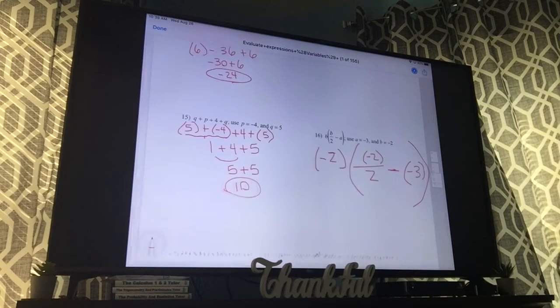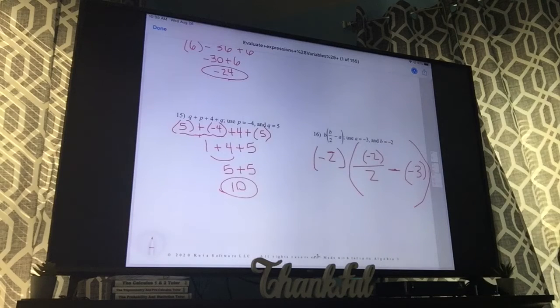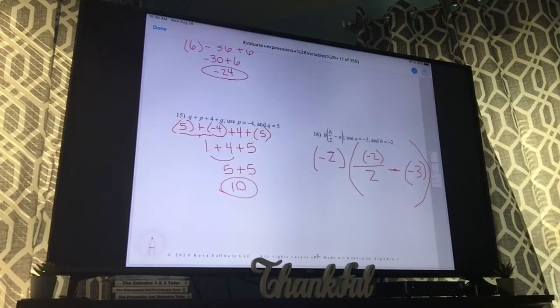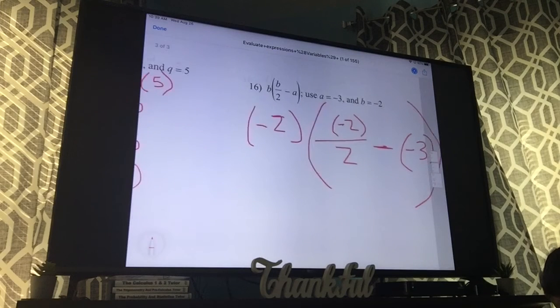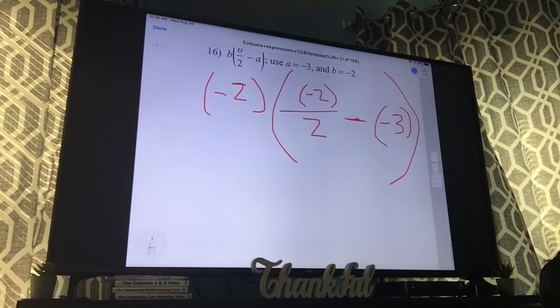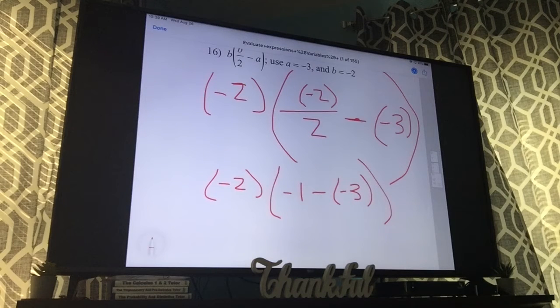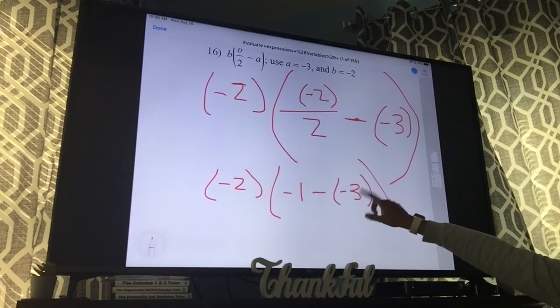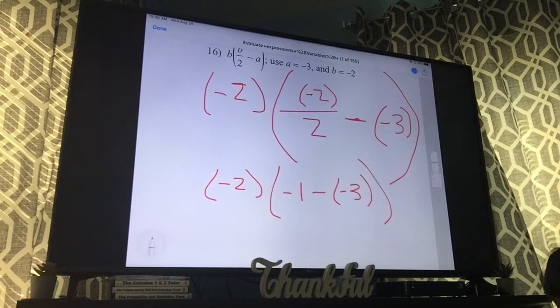Okay, once again, it's kind of a lot of negatives going on. So deal with the b over 2 first. So negative 2 divided by 2 is going to be negative 1, minus, and then we got a negative 3. Okay, so same thing. We're working inside the parentheses first. So this minus minus, negative 1 minus negative 3, minus minus is a plus.